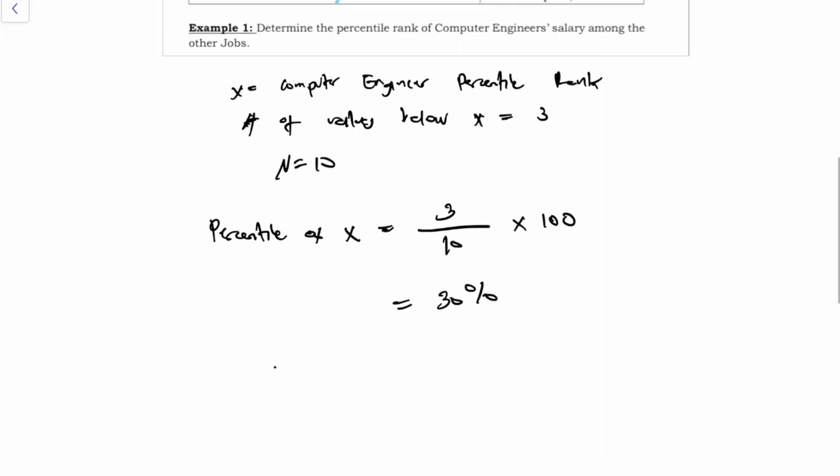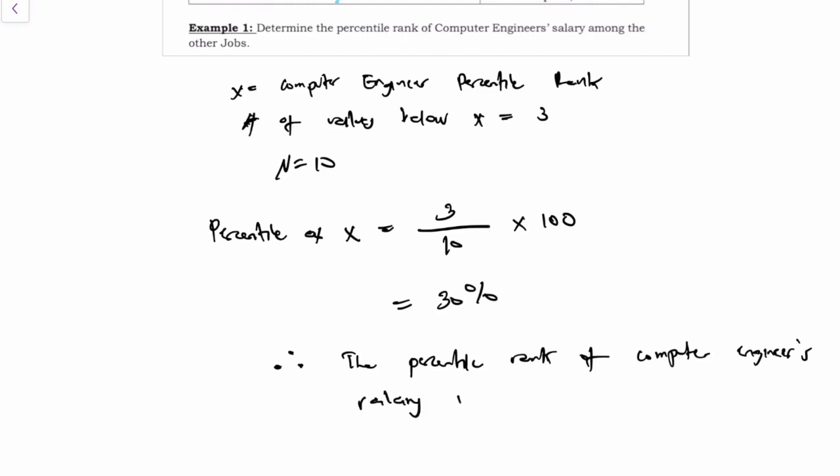So this means that the percentile rank of computer engineer salary is 30, or in the 30th percentile.